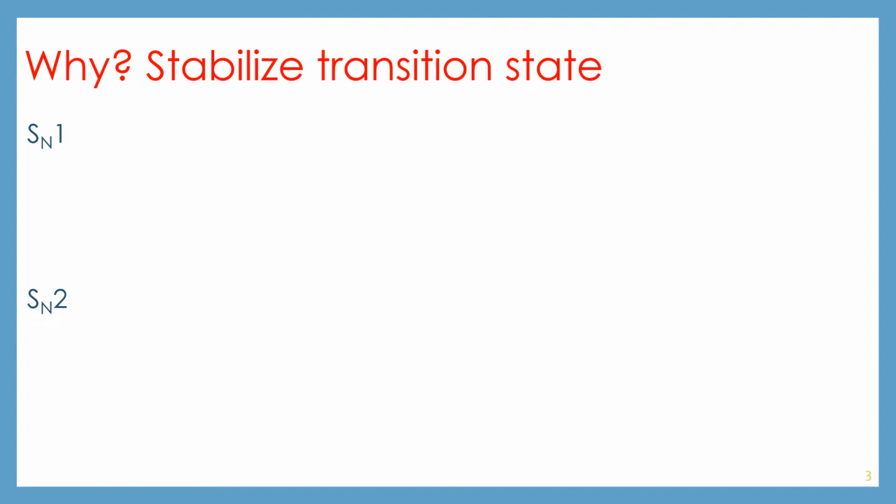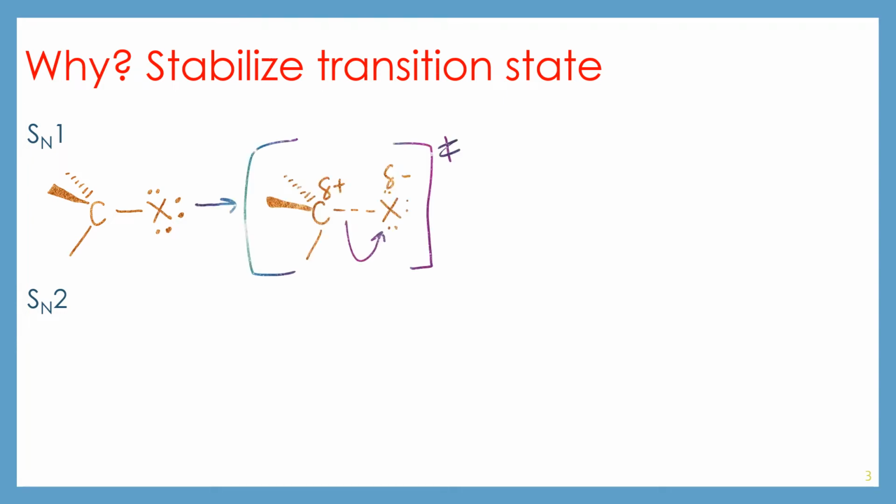So let's talk about why. A leaving group has to be able to stabilize the transition state. So for example, in an SN1 reaction, as that bond between the electrophilic carbon and the leaving group weakens, we end up with increasing positive character on the carbon and increasing negative character on the leaving group.